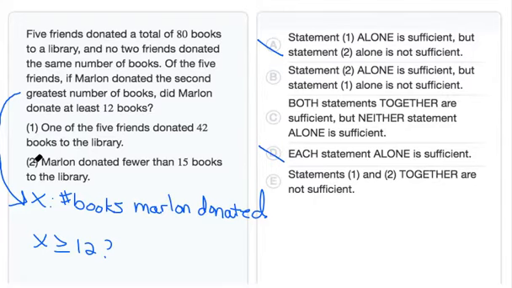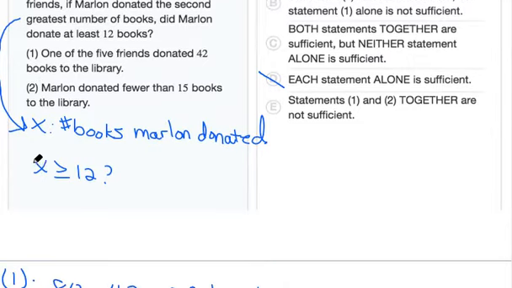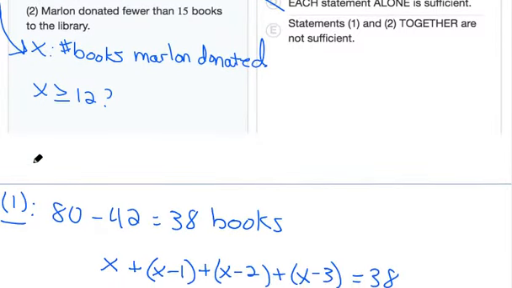Moving on, we can take a look at statement 2. Statement 2 says Marlon donated fewer than 15 books to the library. So if Marlon donated less than 15 books, we have X is less than 15. This is a similar case to what we saw at the end of the last statement.